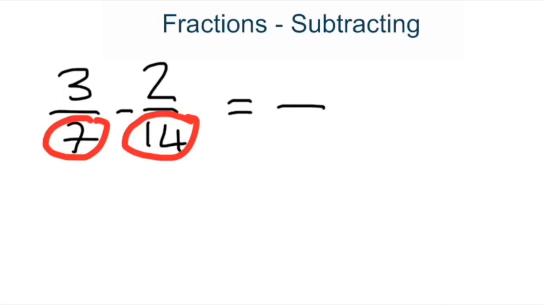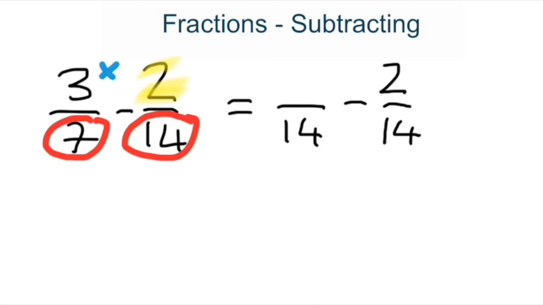So we actually want both of our fractions over 14, and we already have one of those. So we can just write our 2 on top of this fraction, which means we only have to times the first fraction by 2 to get the denominator up to 14, which gives us 6 over 14.